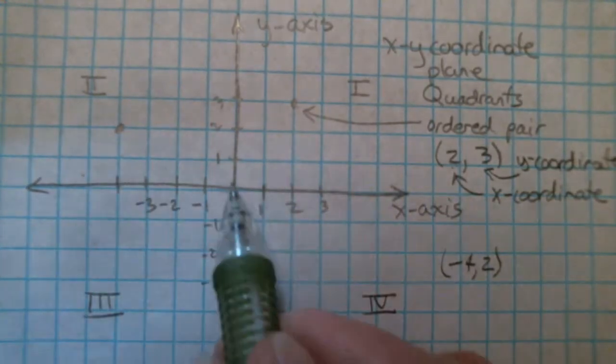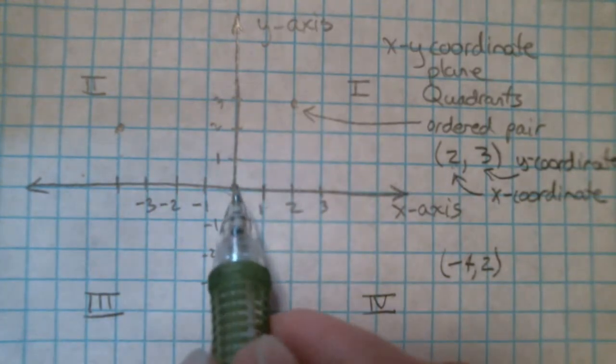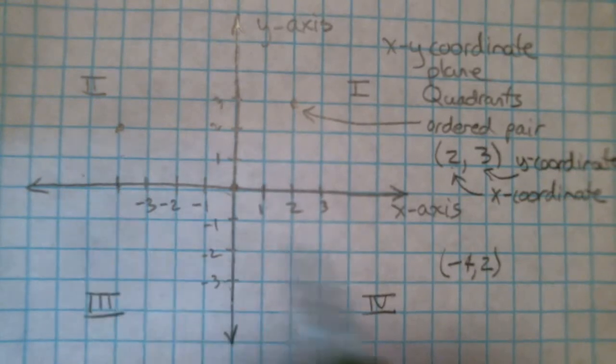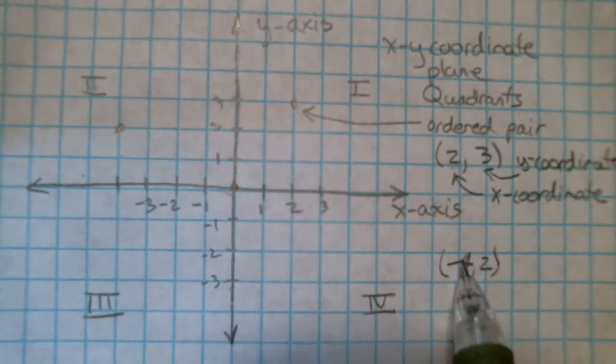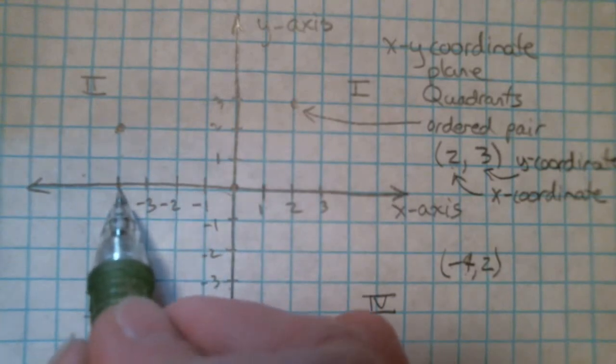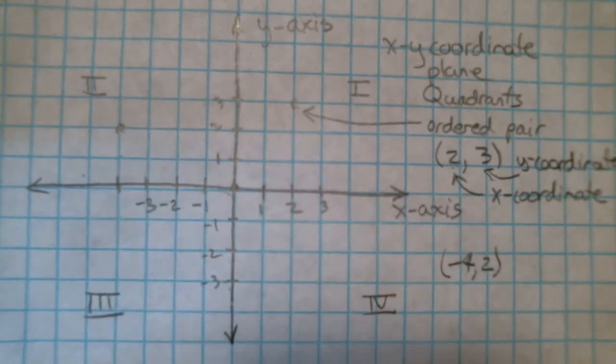So you would start at this middle point right here, which we're going to talk about in just a minute. You would go 4 to the left on the x-axis because it's the first coordinate. The x-coordinate is -4. And then the y-coordinate is 2, so from -4 you would go up 2. And this is the point, or the ordered pair, -4, 2.